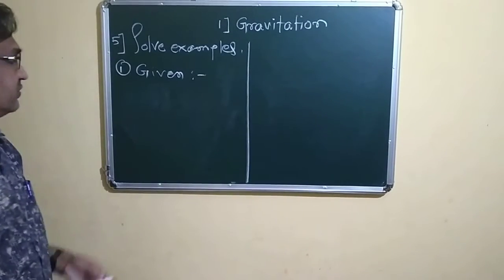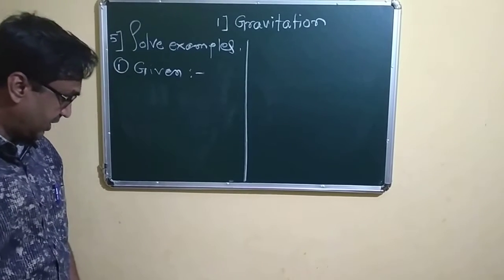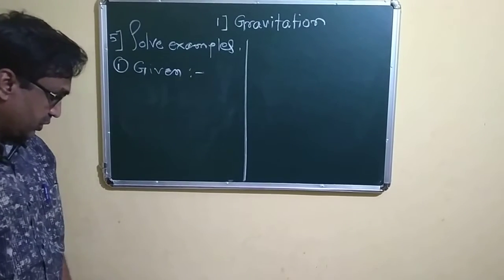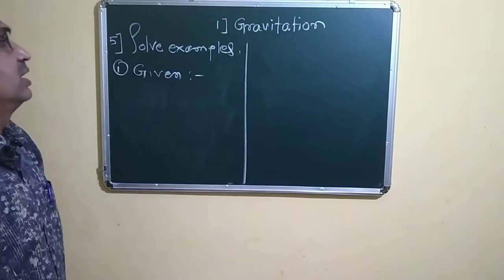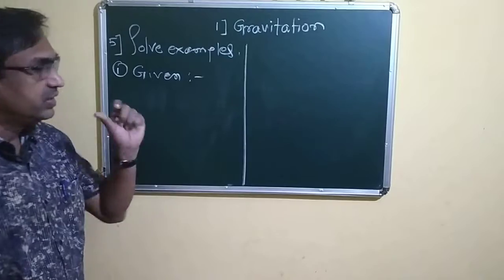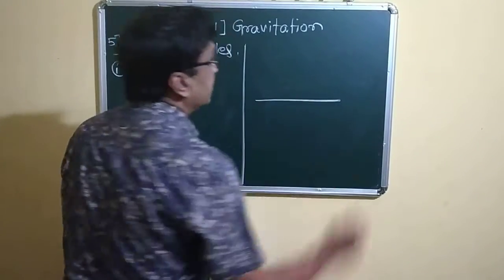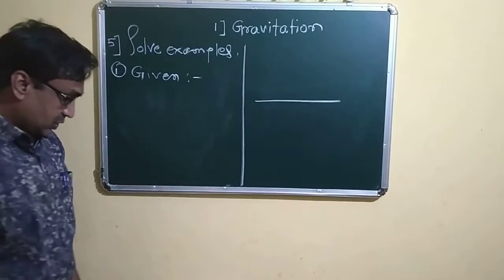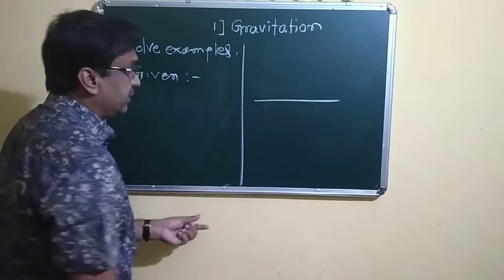So we have to start with the first example, which is given in our notebook on page number 15. I will read it and write down a rough figure which is needed to solve this example. An object takes 5 seconds to reach the ground from a height of 5 meters.